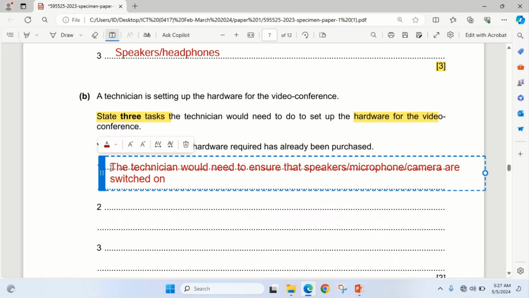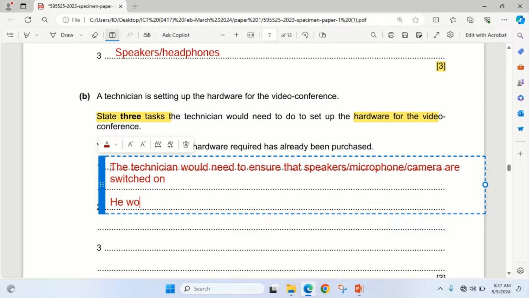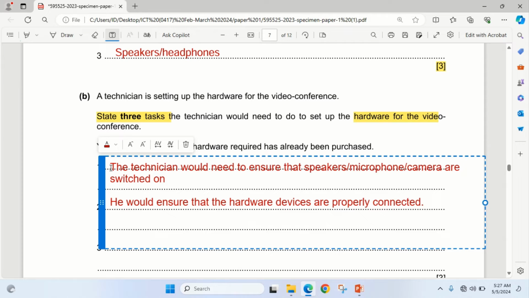So okay, another thing you will probably need is that you will ensure that the hardware devices are properly connected. Okay, another thing you will need is that you will carry out tests on all the hardware devices.